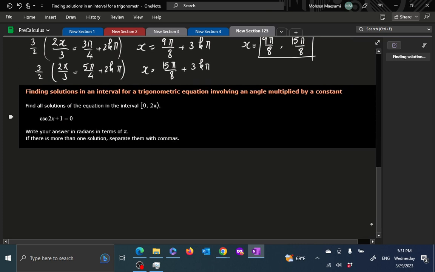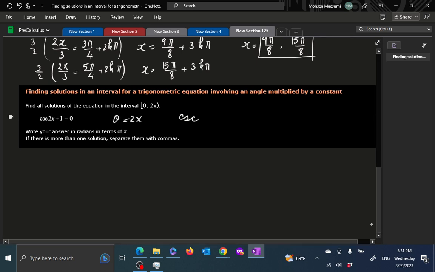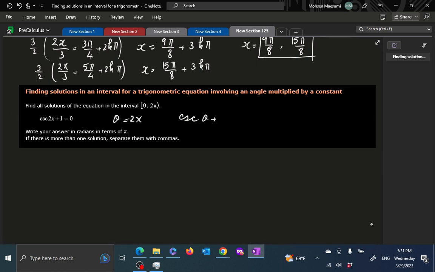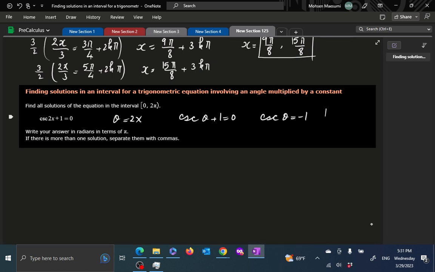Here is cosecant. So we start with theta being 2x. Cosecant of theta plus 1 is equal to 0. So cosecant of theta is minus 1. We remember cosecant is 1 over sine. So sine of theta, find the reciprocal of both sides.